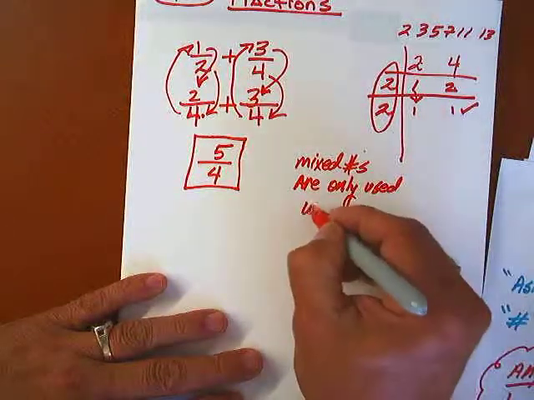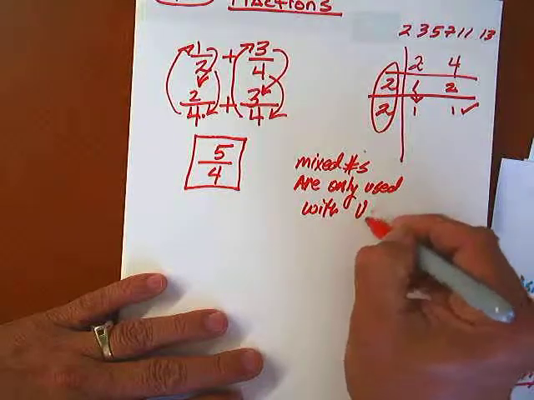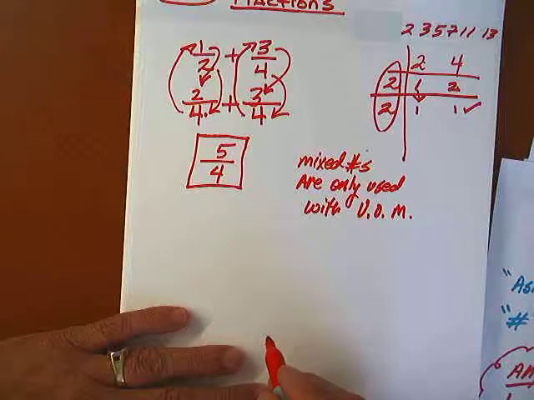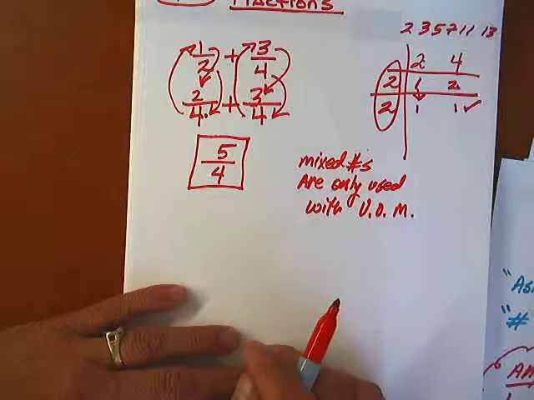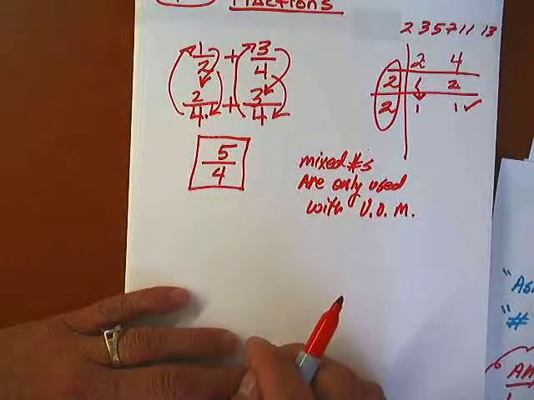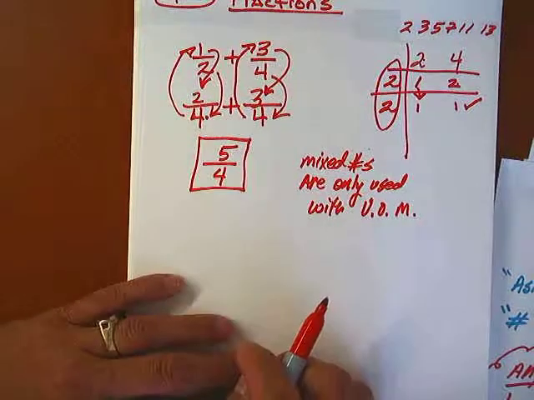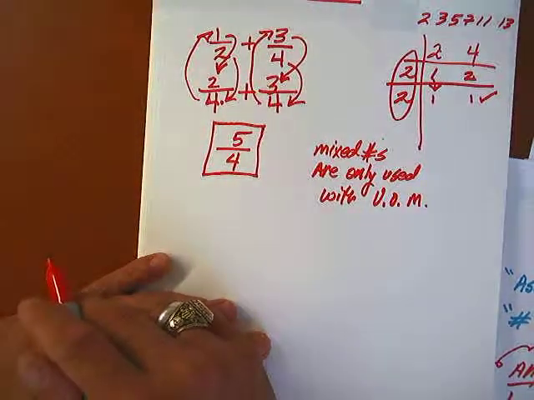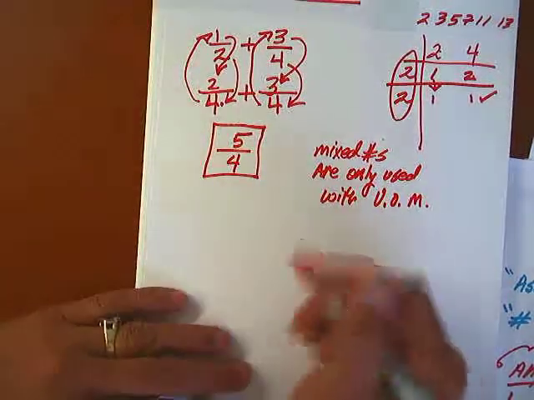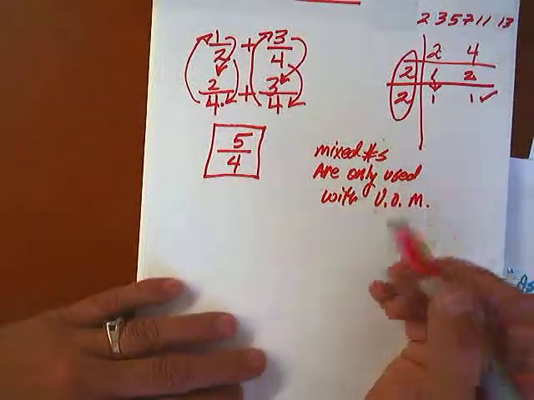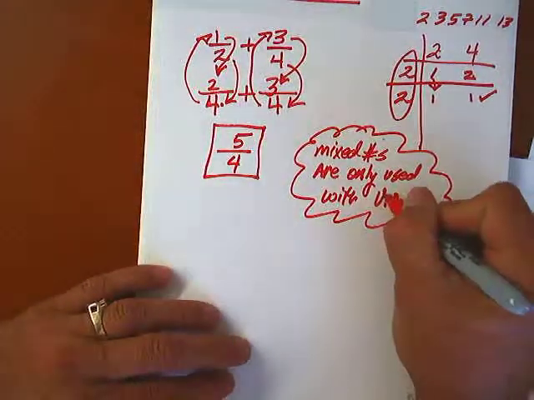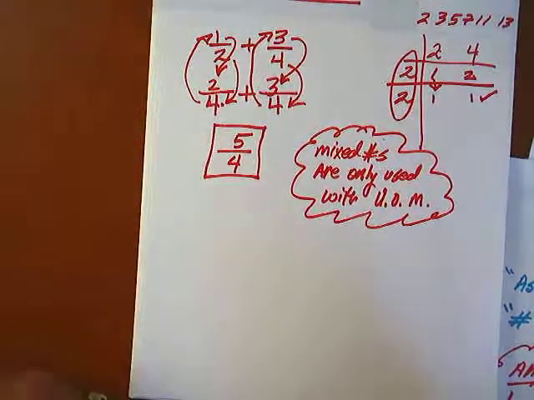And that's your answer. And I always get people to ask me, well, doesn't that need to be a mixed number? No. Mixed numbers are only used with units of measure. Cups, miles, grams, centimeters.